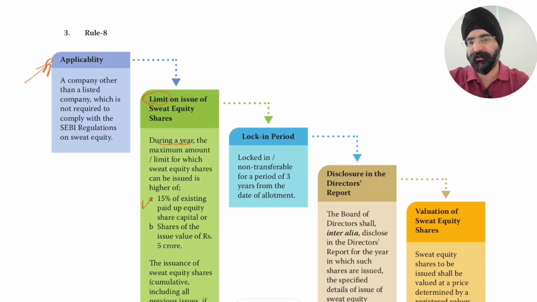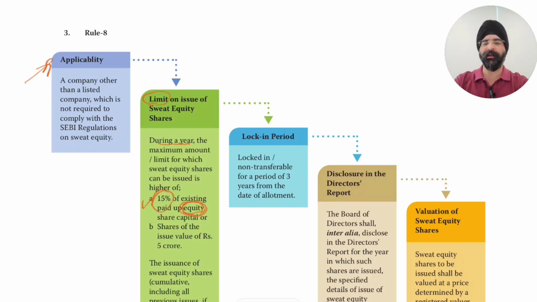Okay, during a year. One is limitation by time, that is during a year, and number 2 is maximum amount. During a year the maximum limit for which sweat equity shares can be issued is the higher of 15% of existing paid up share capital, and this is equity share capital only.